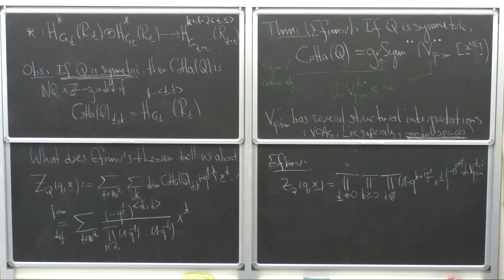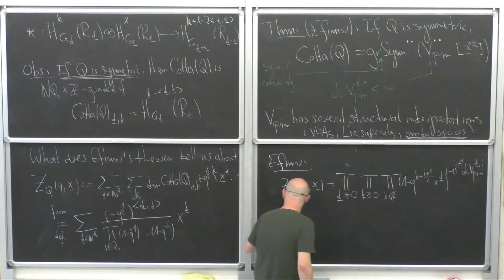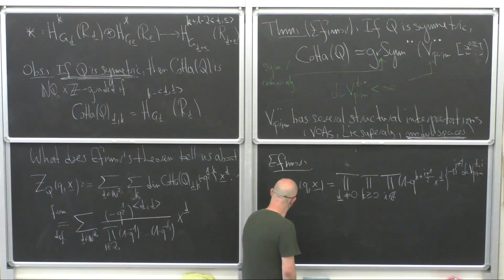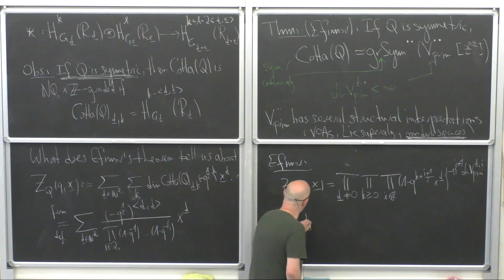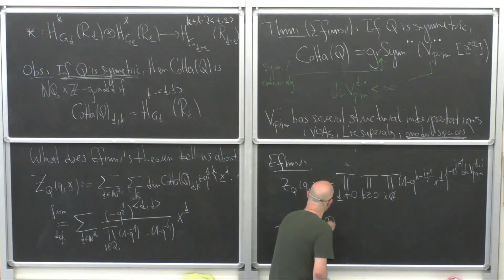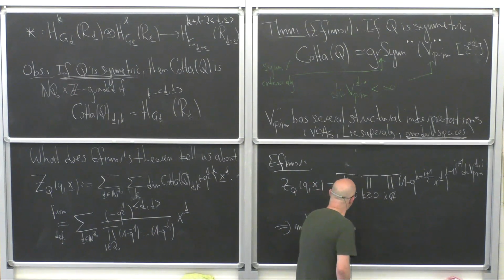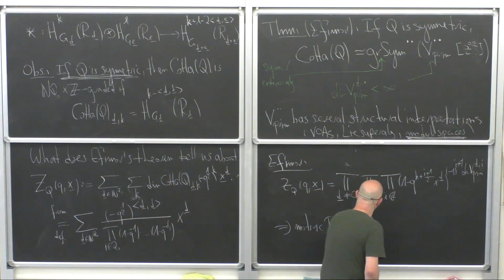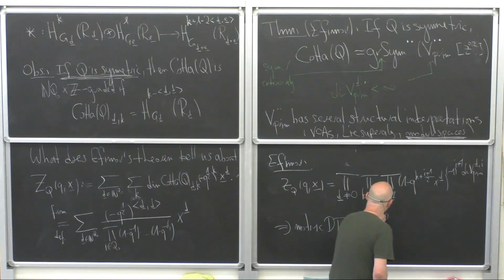Take a partition function, write down an infinite product factorization, and look at the exponents. These are DT invariants. So these are precisely the exponents. Yeah? So motivic DT invariants in the sense of Kontsevich and Soibelman are precisely the DT_D associated to the quiver Q.